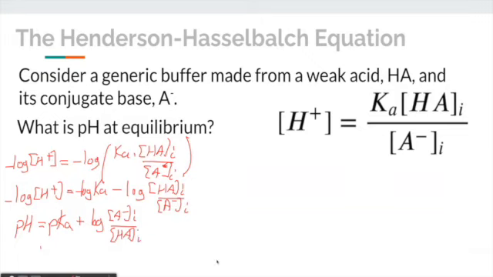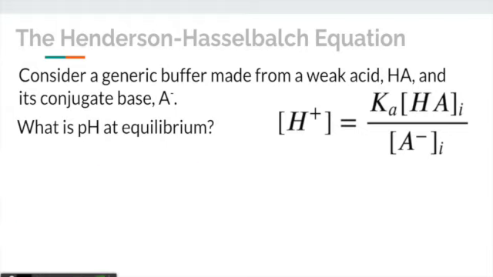This is the logarithm form of the Henderson-Hasselbalch equation, which takes you straight to pH and is sometimes much more useful. Here's another thing that's very useful about both of these forms of the Henderson-Hasselbalch equation. Because both of these are in the same volume in this system, instead of concentration of A- and HA, we could also just use moles because they're both going to be divided by the same volume.